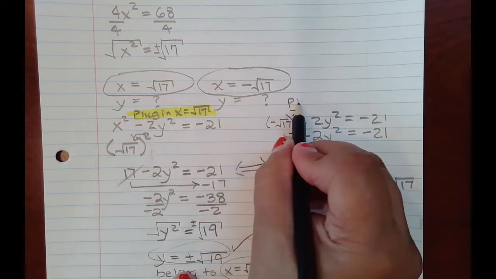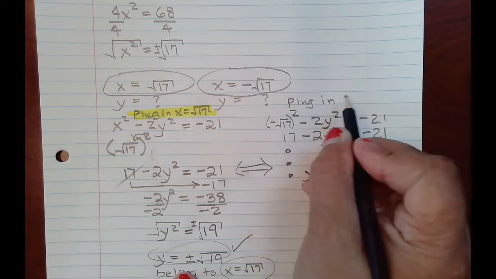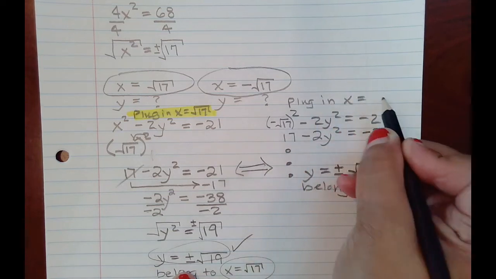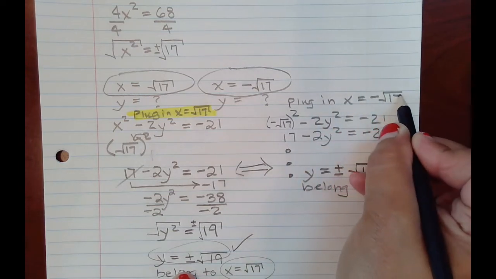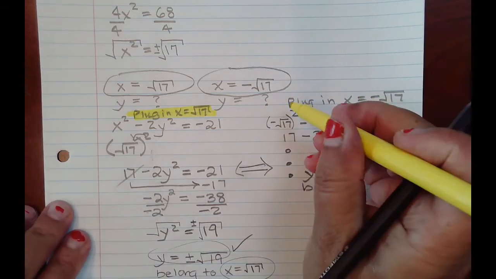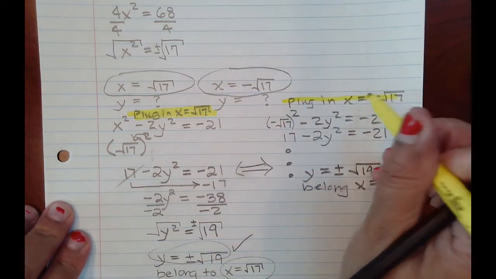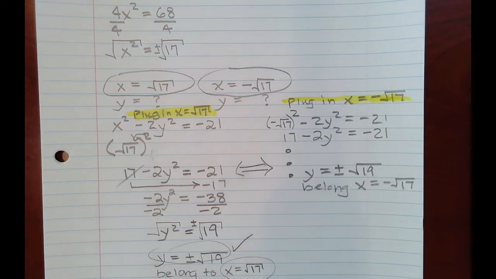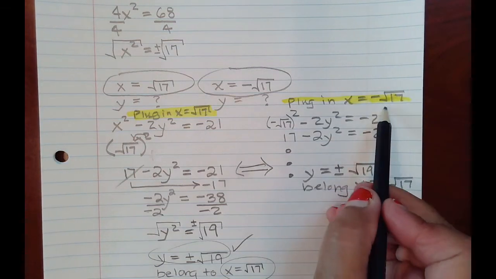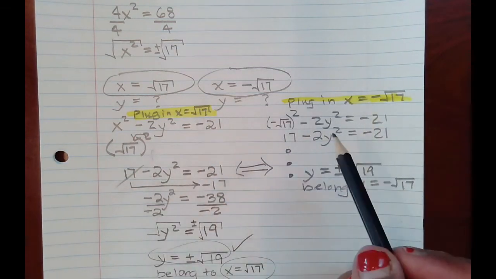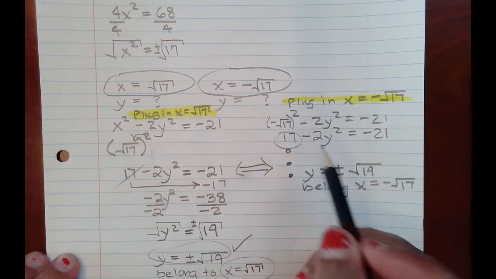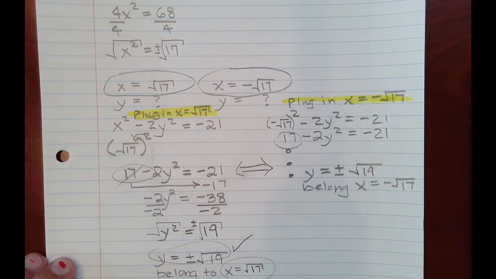So here we're plugging in x equal to negative square root of 17, and still getting the same answers because we're plugging in that value for x squared. Whether you square a negative or a positive, you get the same thing. That's 17 here, 17 there.